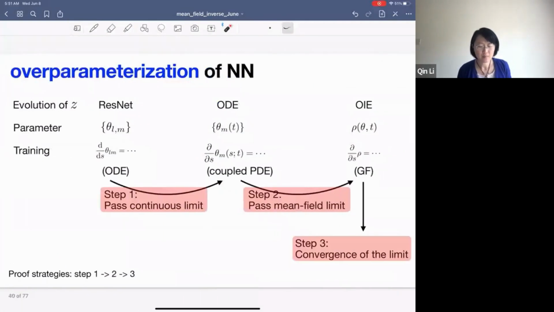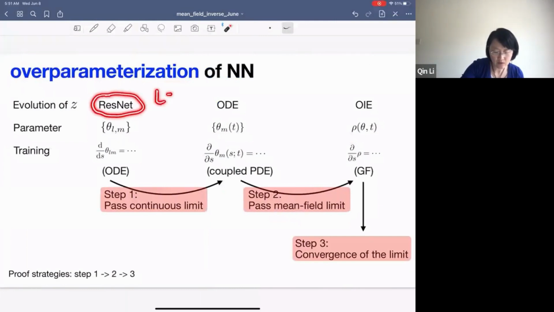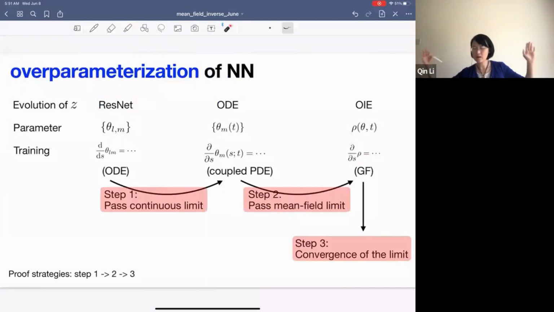As I previously said, the neural network, by sending L to the infinity limit, which is instead of having finitely many layers, you have infinitely deep layers. So you have basically a few lines of flows.